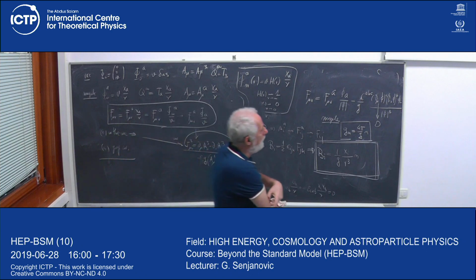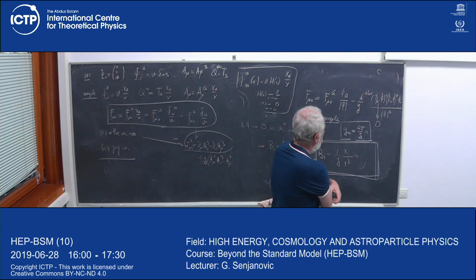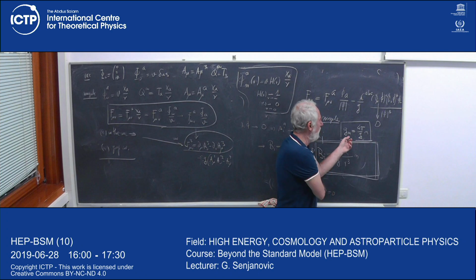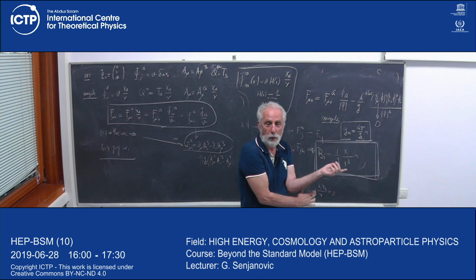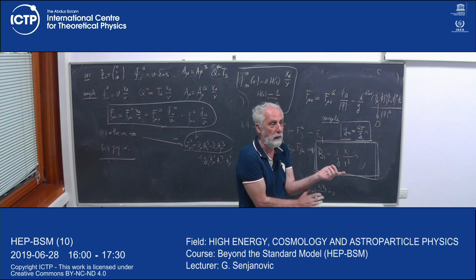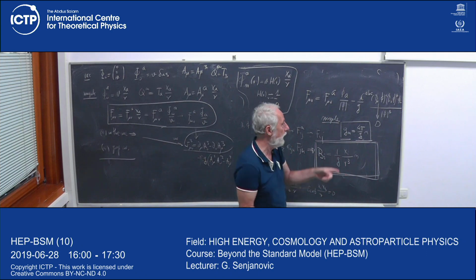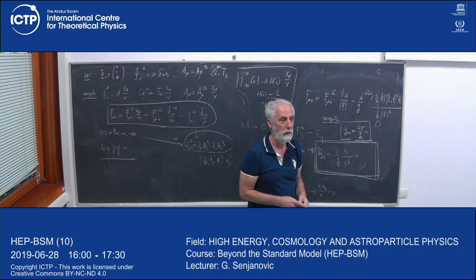Now, I don't know if you remember that first we got a very interesting monopole. Notice that the charge of the monopole is 1 over G. But that's what Dirac told us. At the end, we have to agree with him. Dirac says that the product of magnetic and electric charge is 2 pi times n.